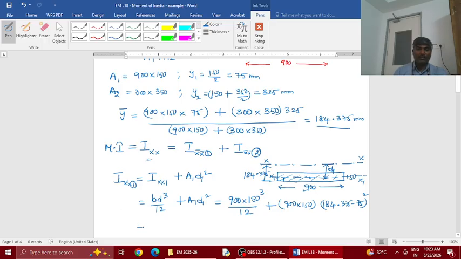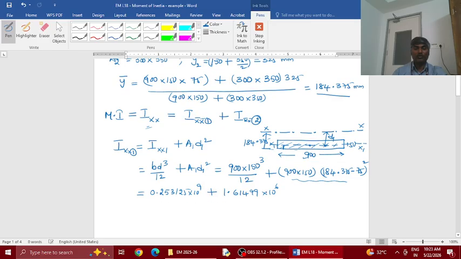That is the formula substitution. Now the values you see, if you work this out, you get 0.253125 into 10 power 9, plus this second term, if you work it out, it will be 1.61499 into 10 power 6.